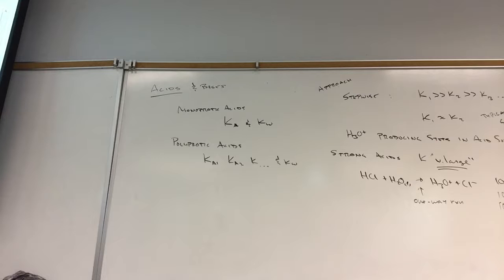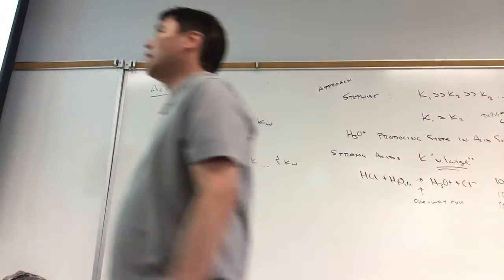In fact, the higher the percent ionization, the stronger the acid. And so by looking at the K value, we can get an idea of how strong the acid is.